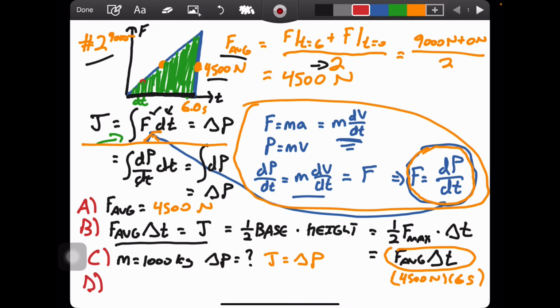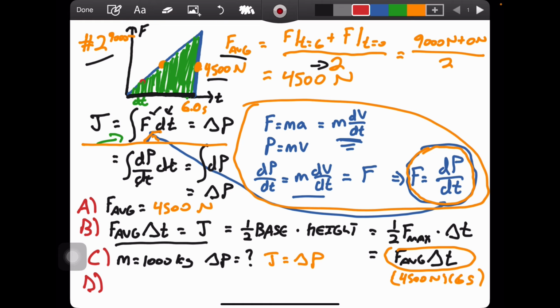And finally, in part D, they're like, okay, so imagine after 6 seconds when this force suddenly dies off, what's the car's speed going to be? You can probably imagine that if a force is being applied to the car for 6 seconds, it continues to accelerate the car for 6 seconds. It accelerates the car at an average of 4,500 newtons, but it's actually at the very end at 6 seconds when the force is at maximum. So this acceleration is continuing for 6 seconds.